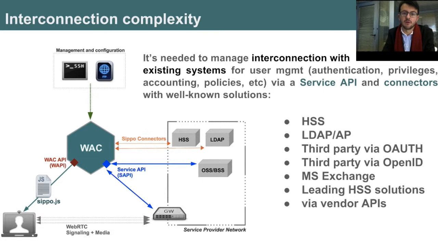The idea is to have different connectors that can bring the possibility to the WAC to manage authentication with existing elements on IMS, on NDN network, and also to offer something that we call the service API.